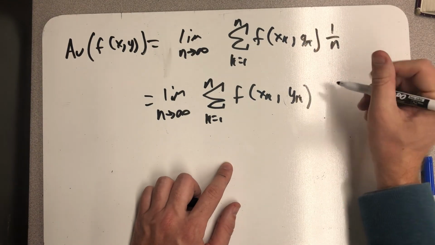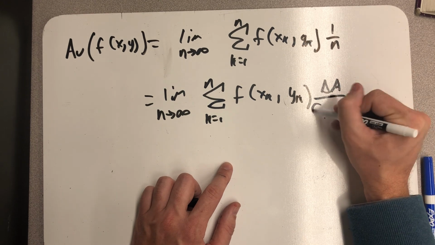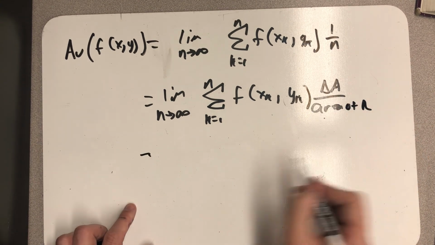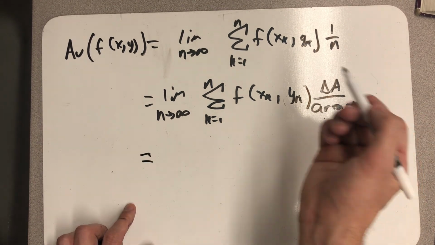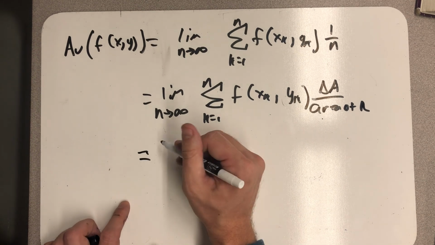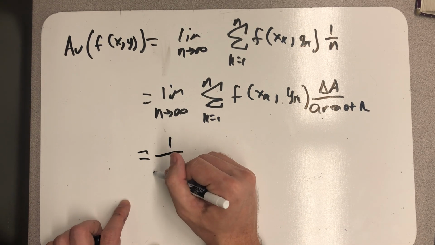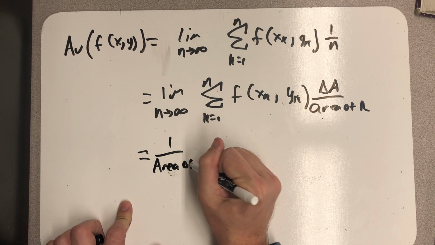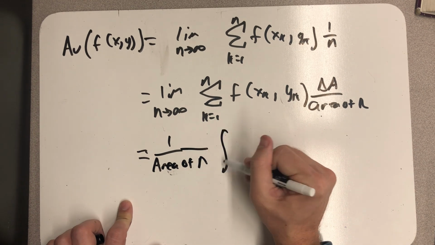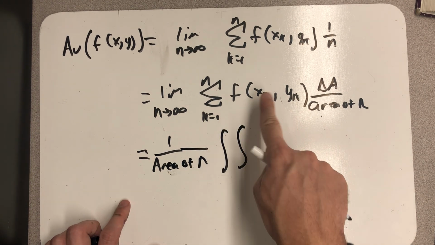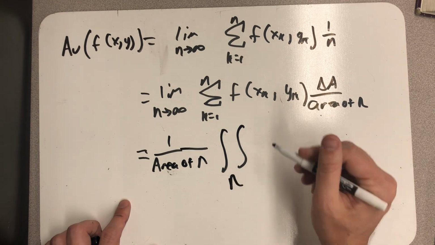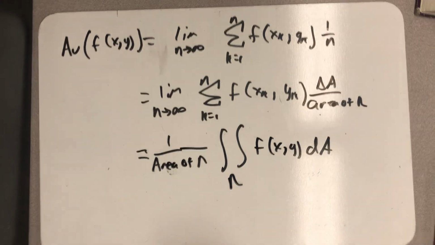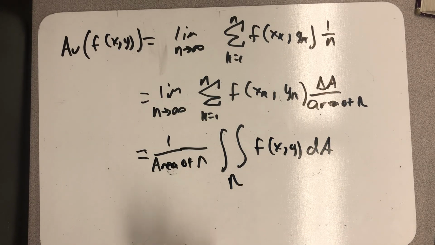So I'm going to replace this 1 over N with delta A over the area of R. Well, 1 over the area of R is a constant, which I could bring out front of both the sum and the limit, leaving this as the sum of f of xk, yk, delta A, which is this double integral. And here we have the formula for the average value of a function on two variables.